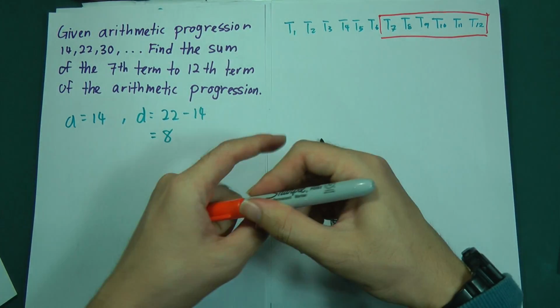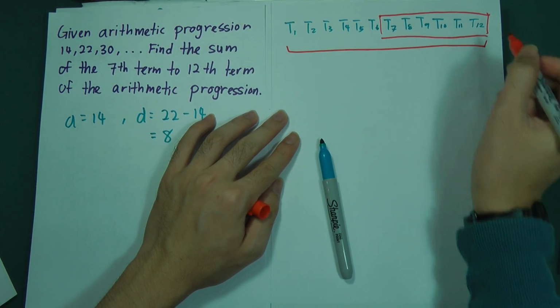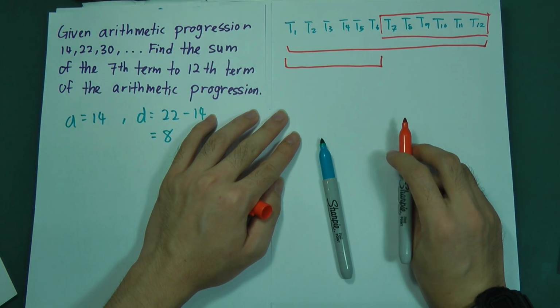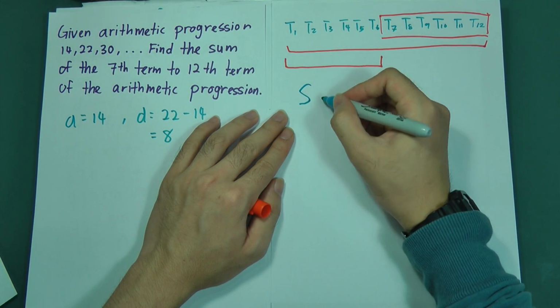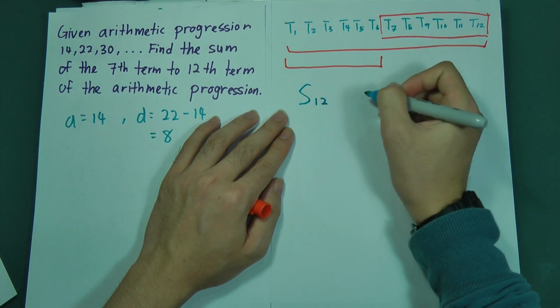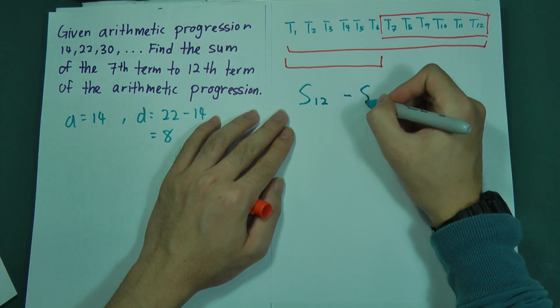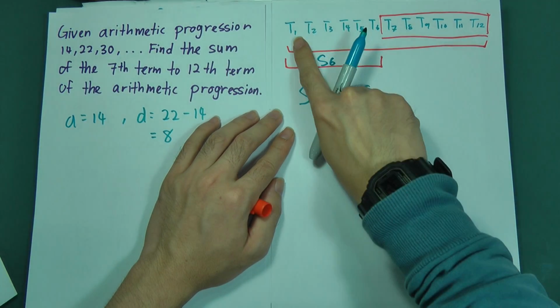So what we can do is sum all the 12 terms, and then minus out the 1st term to the 6th term. Means I sum all the 12 terms, and then I minus S6, the sum of the first 6 terms.